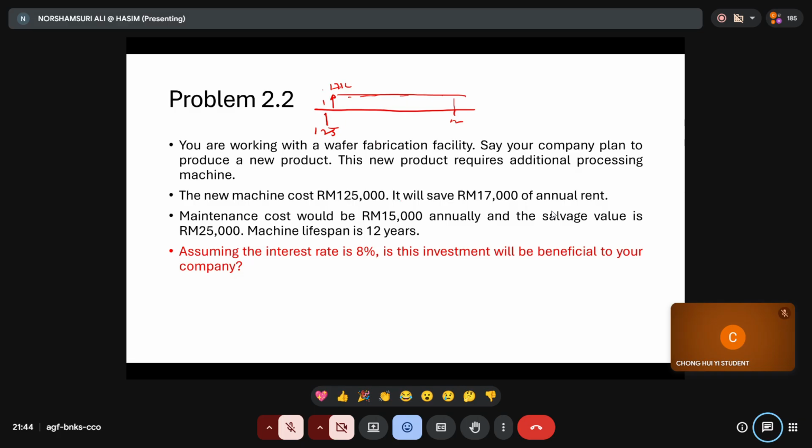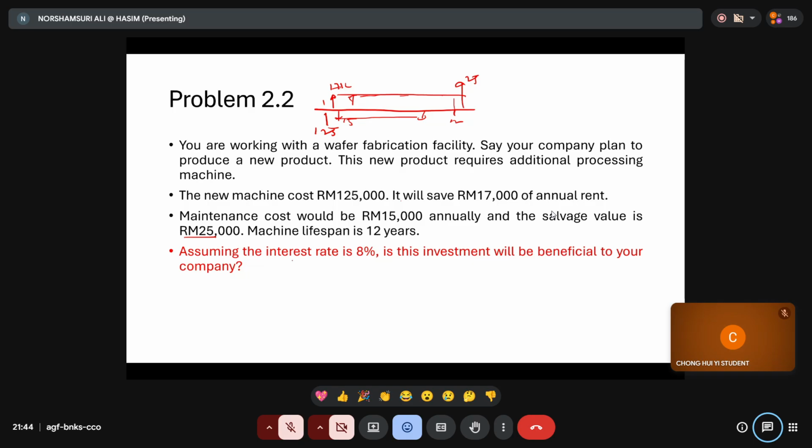And then the maintenance cost would cost you 50,000. So you have the maintenance cost again, 50,000 annually, that's a minus annually. And the salvage value is 35,000. Salvage value means that you can sell the thing back after 12 years, so you can have the salvage value of 35,000.